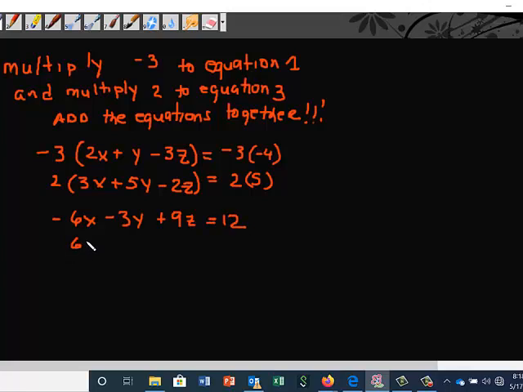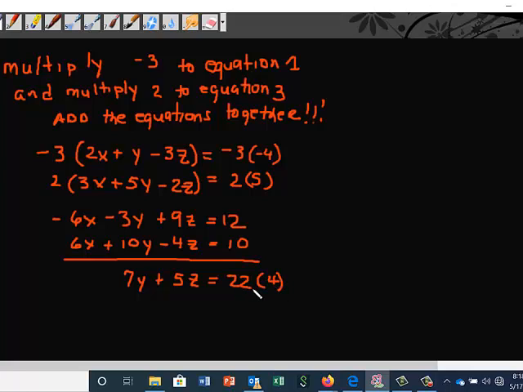And then this is 6x plus 10y minus 4z is equal to 10. Now, we simply add these two equations together, and here we have 7y plus 5z is equal to 22. This will be our equation number 4.